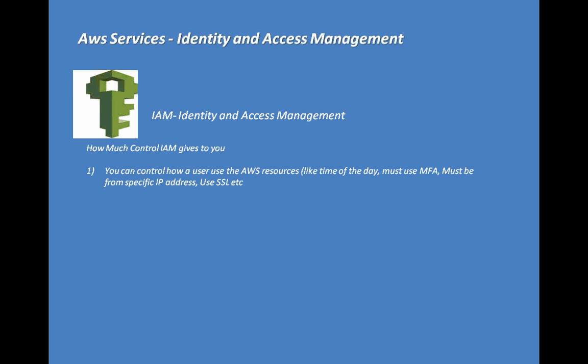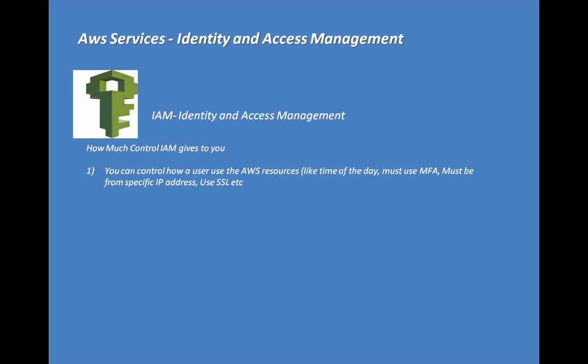You'll be able to control that this particular user, who is a database administrator, will be able to log in during a particular time, maybe in the afternoon or in the evening. And this particular user, when logging in to the AWS console, must use MFA, or multi-factor authentication, to log in.